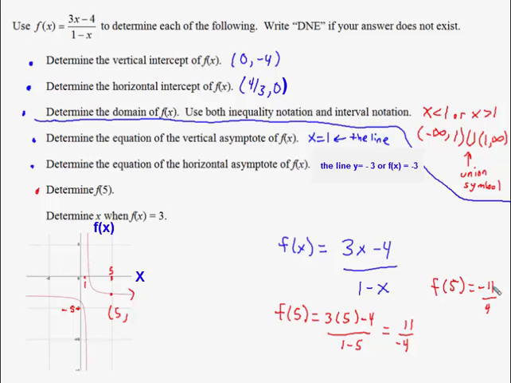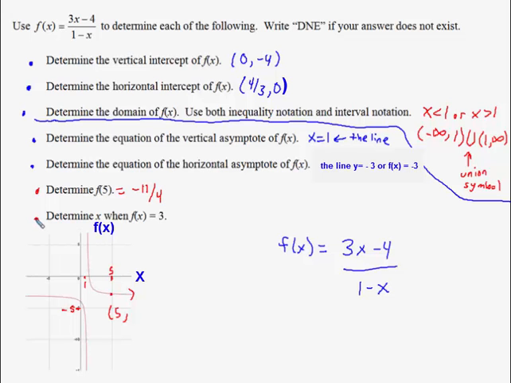Let me see, 4 goes into 11 2 times, that would give you 8, with 3 left over. So if you want, as a mixed fraction, my answer is that f of 5 is negative 2 3/4, which is negative 2.75. Remember, as a guess, I said negative 3 roughly. So let me write down that we got that f of 5 turned out to be negative 11 fourths.